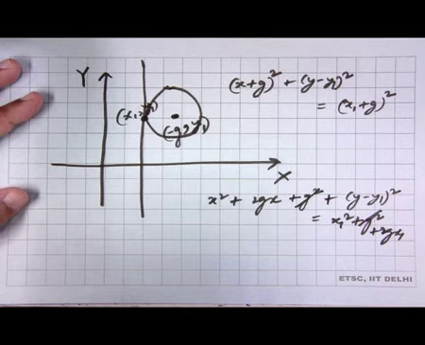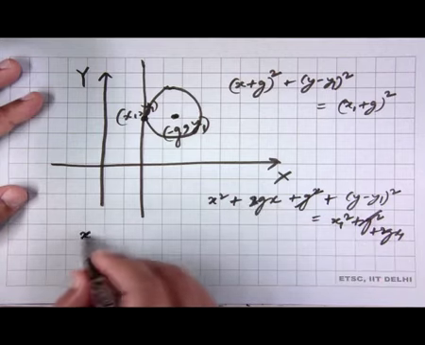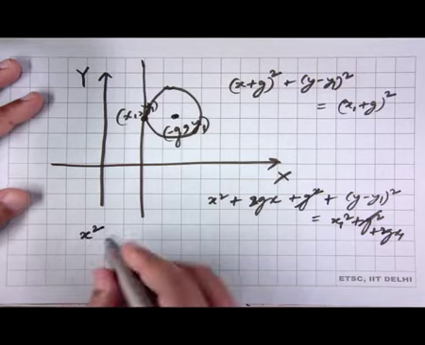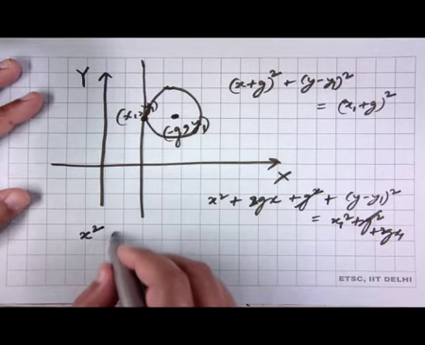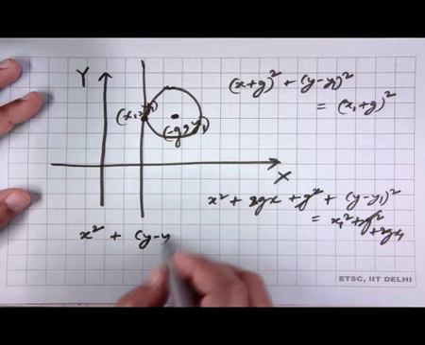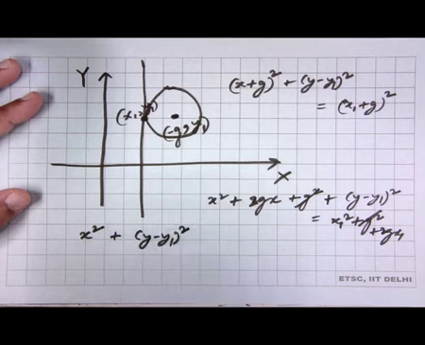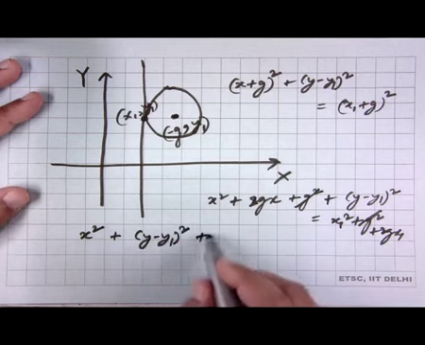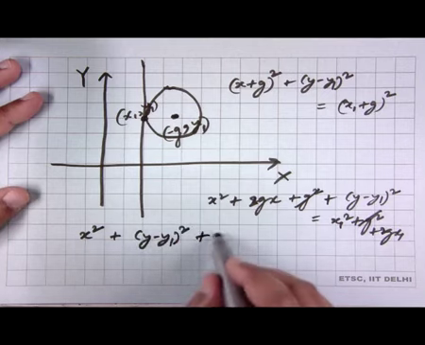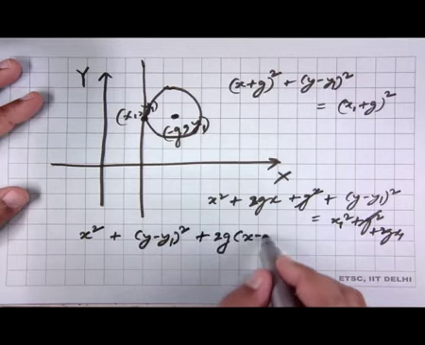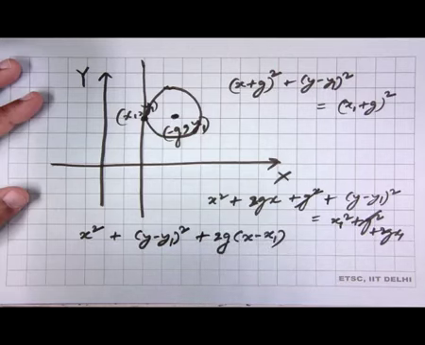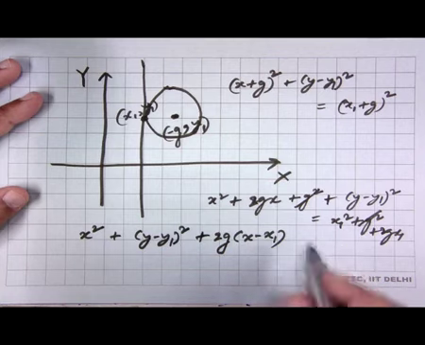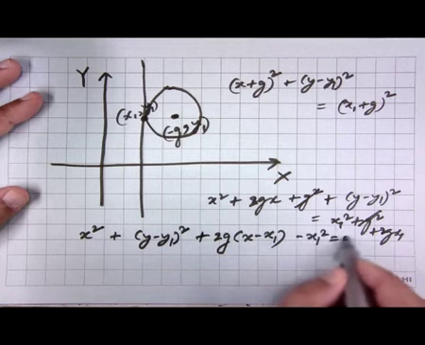So, g square gets cancelled, and then what we get is x square plus y minus y1 whole square plus 2g into x minus x1 minus x1 square is 0.